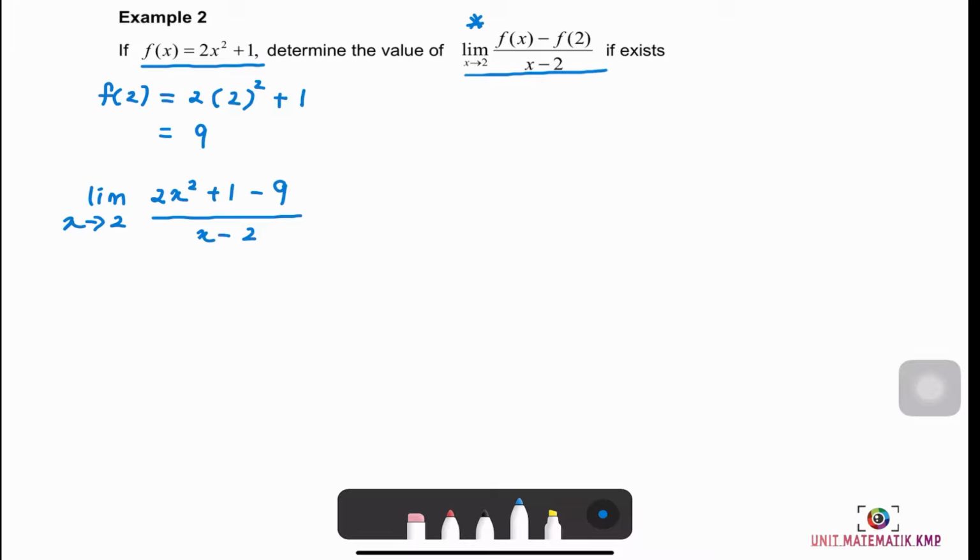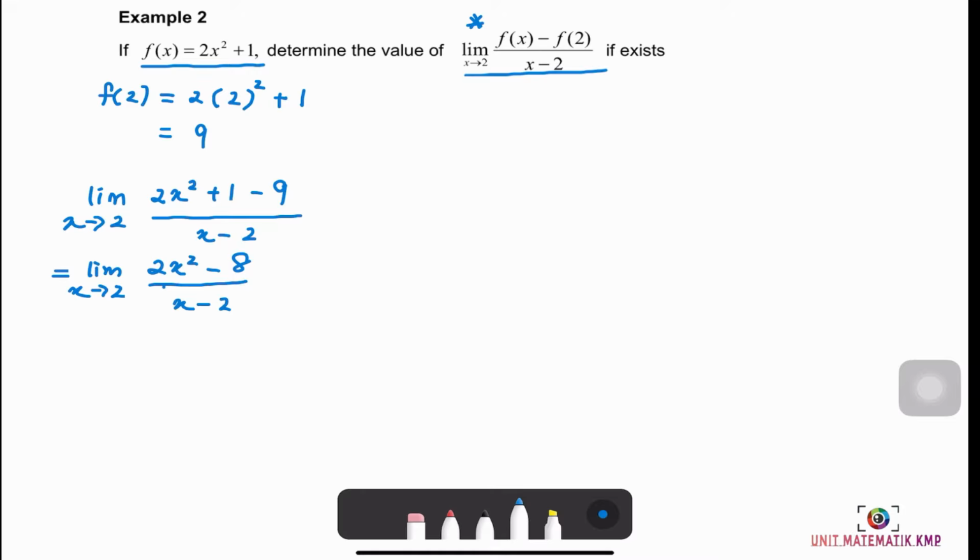Okay, we simplify first. If we simplify, we will have the limit of 2x squared minus 8 over x minus 2, when x approaches 2.